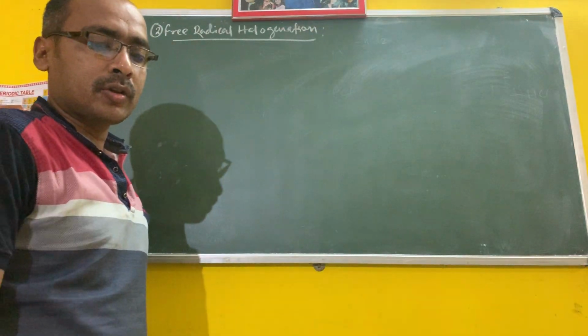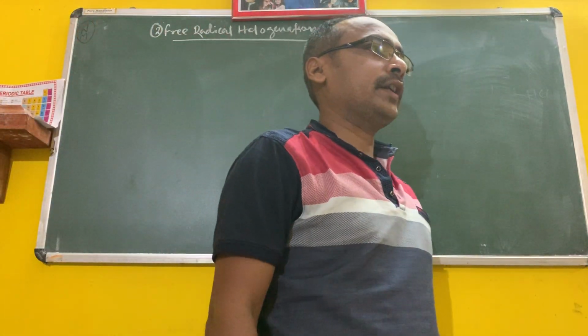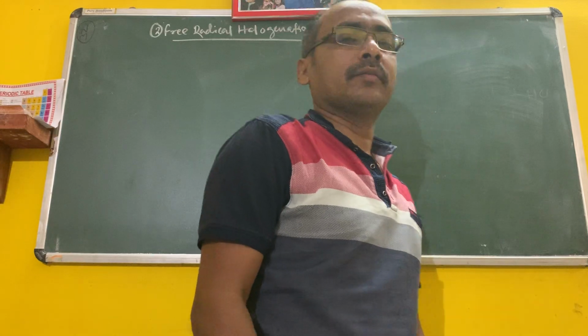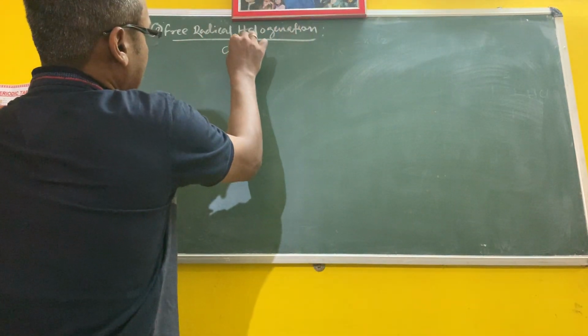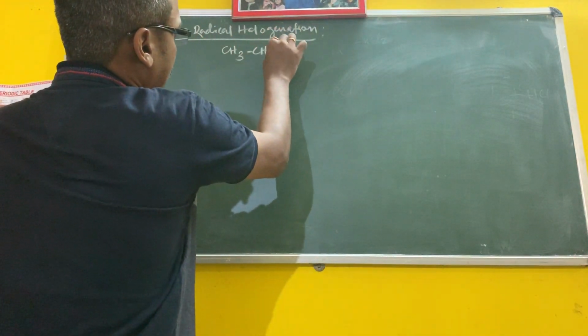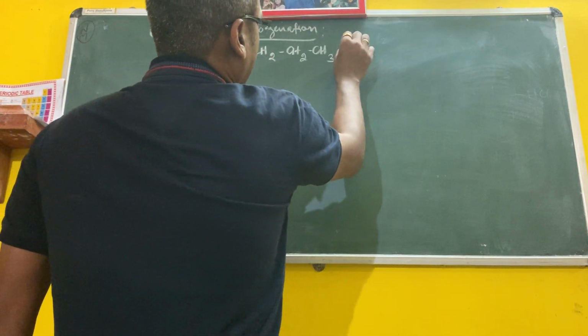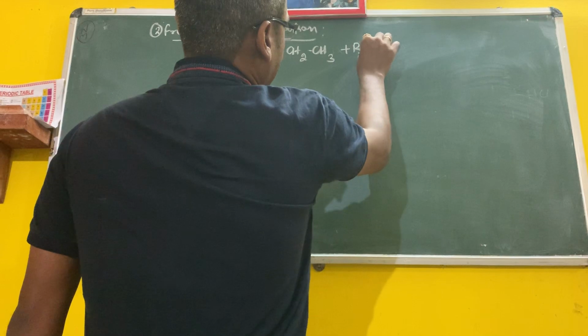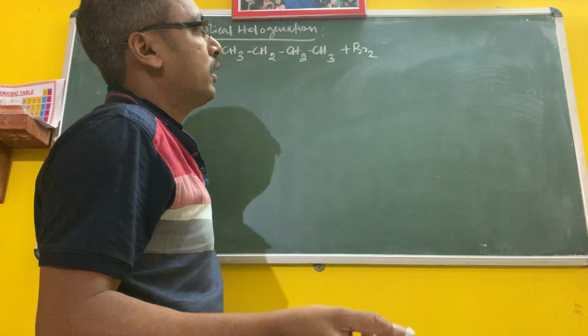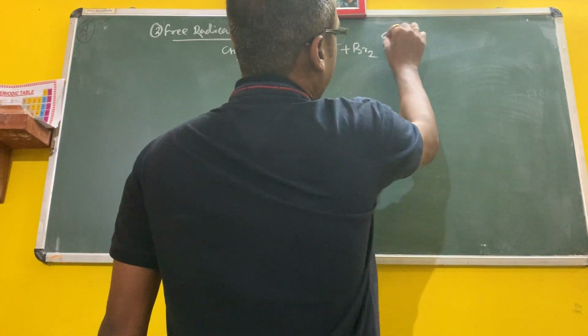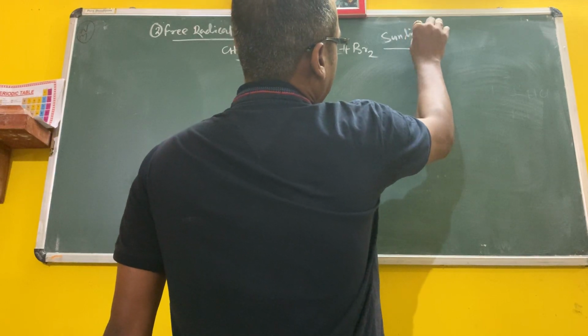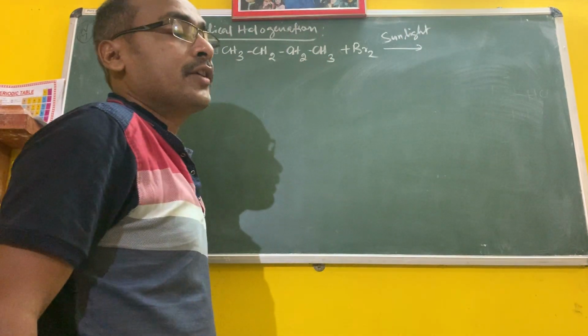Free radical halogenation. Suppose we take the example of butane. This example is given in your book. CH3, CH2, CH2, CH3, in presence of bromine or chlorine, you can take, then in presence of sunlight. In absence of sunlight, there is no reaction.